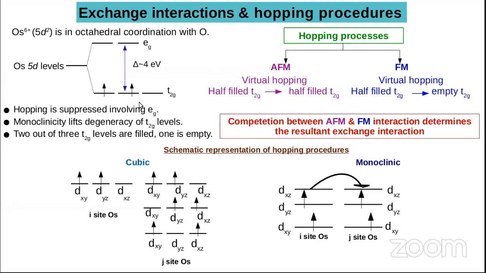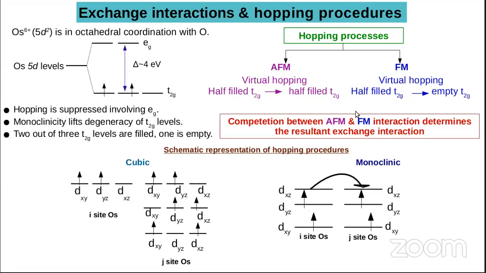This case is for cubic, but due to monoclinicity, the t2g levels become non-degenerate in the monoclinic structure. So if we look into the hopping processes involved, we see that there are two types of hopping processes. One is antiferromagnetic, another is ferromagnetic. In antiferromagnetic channels, virtual hopping takes place from half-filled t2g to another half-filled t2g orbital of two Os sites.